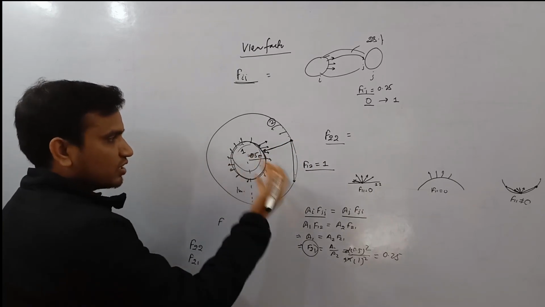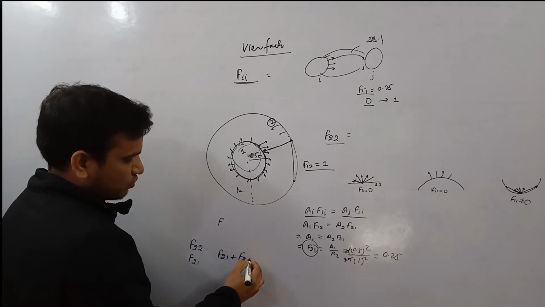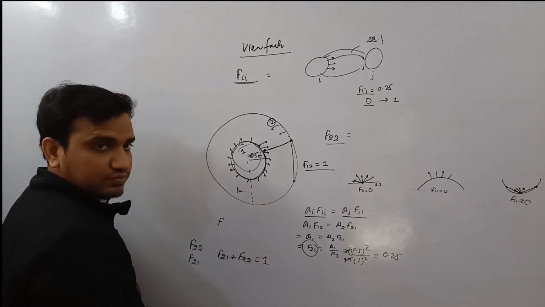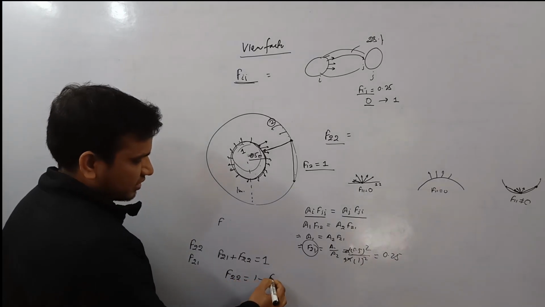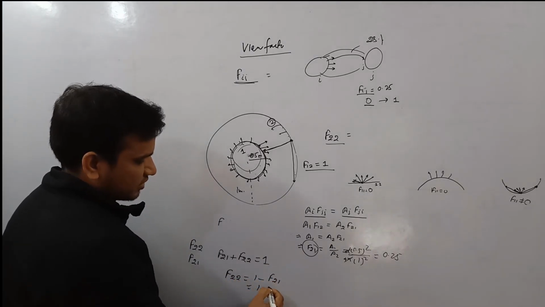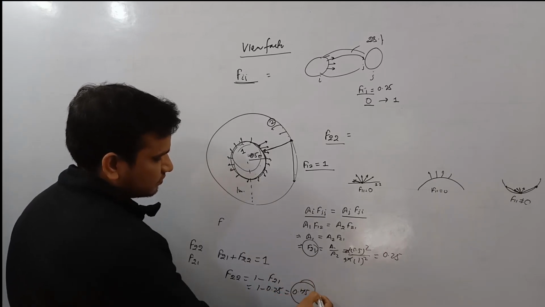So the total fraction is F21 plus F22 equal to 1. We need to find F22, so F22 will be equal to 1 minus F21. So 1 minus 0.25, it will be 0.75.